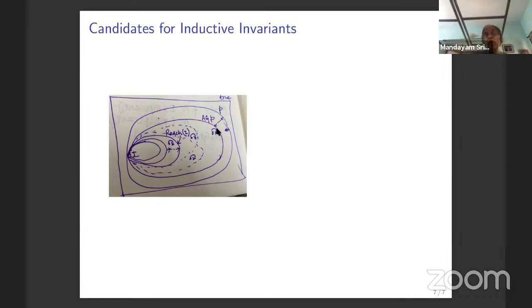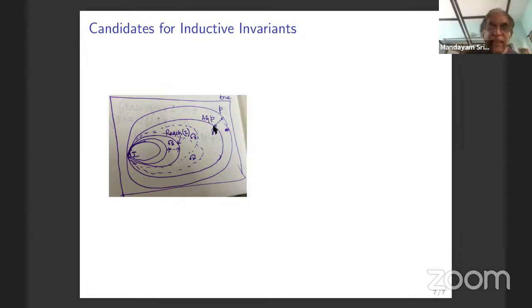Now, when I compute a fixed point using the greatest fixed point Kleene iteration starting from true, which is what we did as a method for doing EG or AG of P, we started from P, and then we eliminated things that violated the transition relation tau.